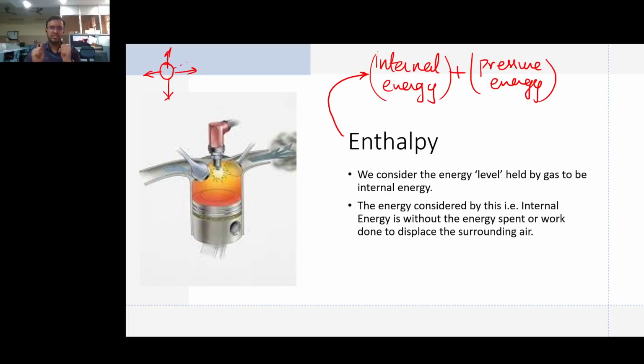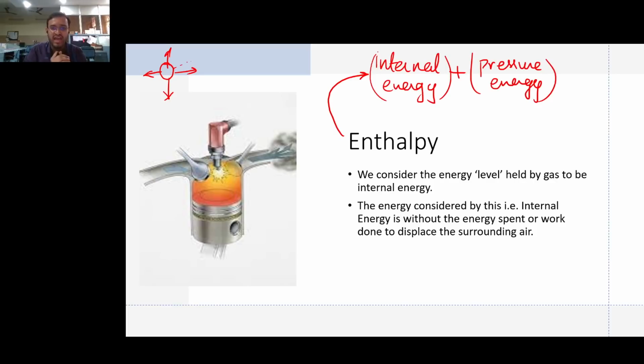But however, once we start considering all of the interaction of these molecules and what impact it will have, what we realize is that the effort taken by the molecules to simply exist within this entire space is not being considered. That is the pressure energy that the gas is exerting, the energy which is contained within the pressure of the gas, that is not being considered. Adding this up gives us a new term called enthalpy.